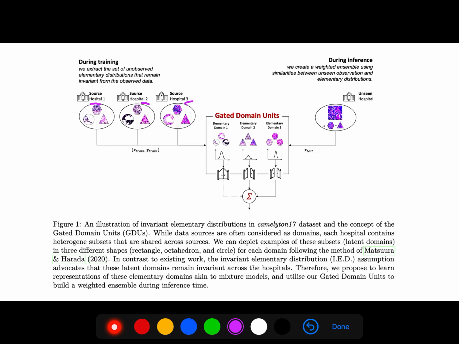In contrast to existing work, the invariant elementary distribution assumption advocates that these latent domains remain invariant across the hospitals. Therefore, we propose to learn representations of these elementary domains akin to mixture models.